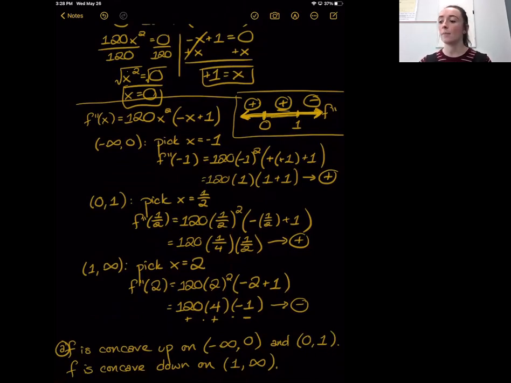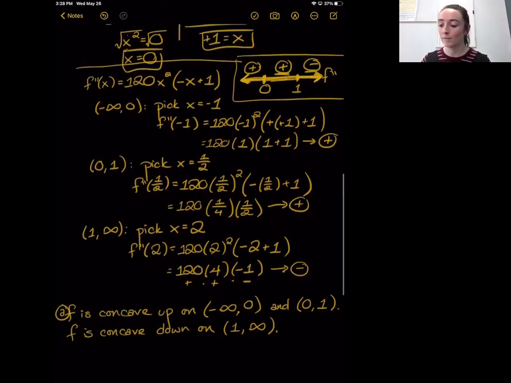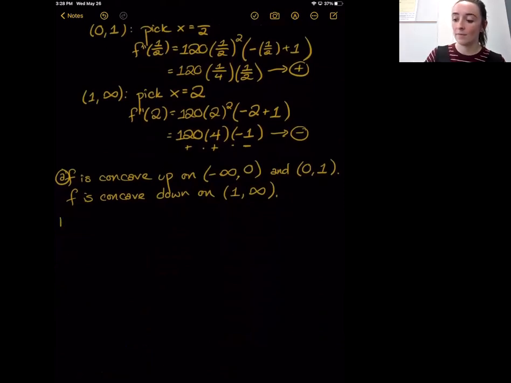Let's look at x equals 1. For x equals 1, on the left-hand side, f double prime will be positive, and on the right-hand side, it'll be negative. So it changes from positive to negative at x equals 1. Therefore, x equals 1 must be the location of an inflection point of f. So let's write that down.